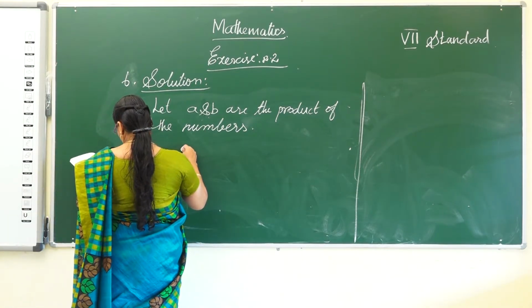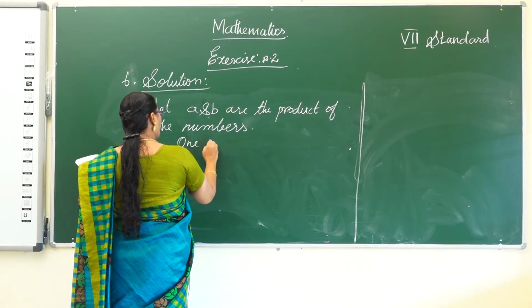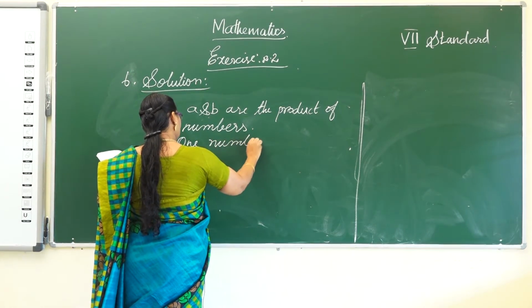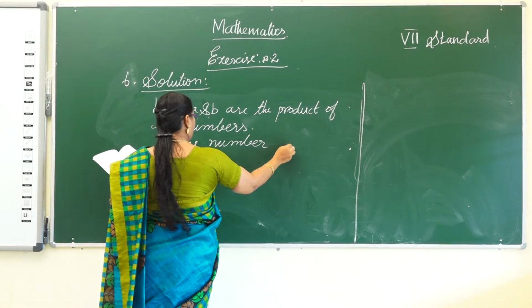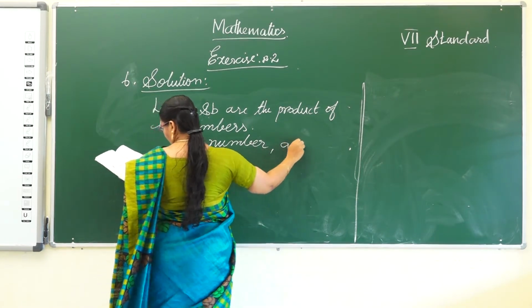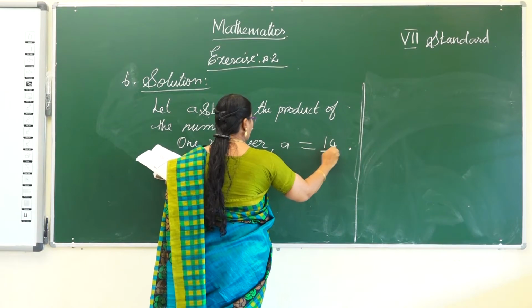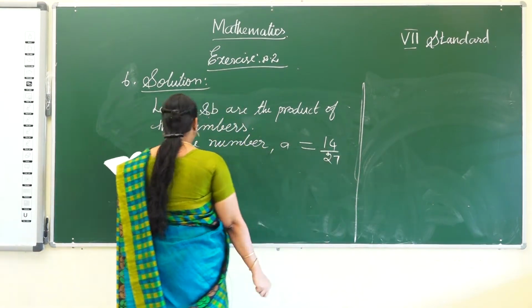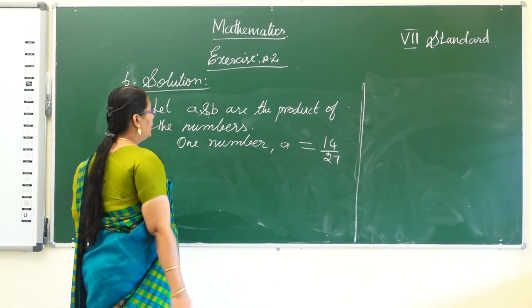Then one number, we have considered A, is equal to 14 by 27, which is given. Find the other. Now substitute.